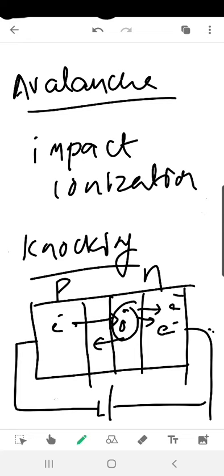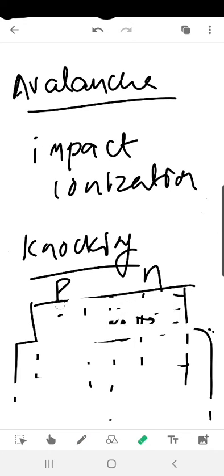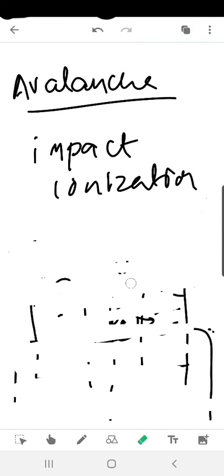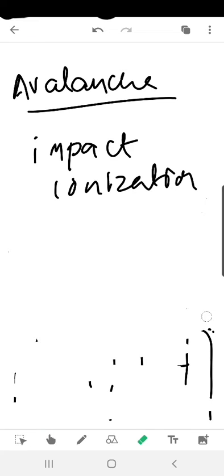The minority electron from the p side will get kinetic energy from the reverse bias voltage, and it will strike the electron hole pair in the depletion region. Now what will happen? The incoming electron, the minority electron coming from the p side, may collide with the electron hole pair.